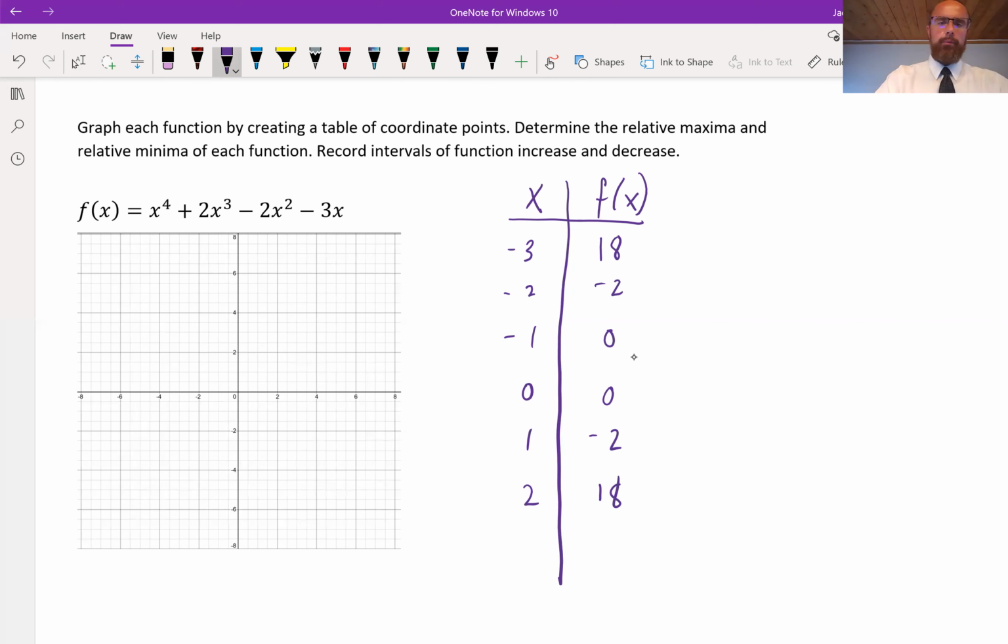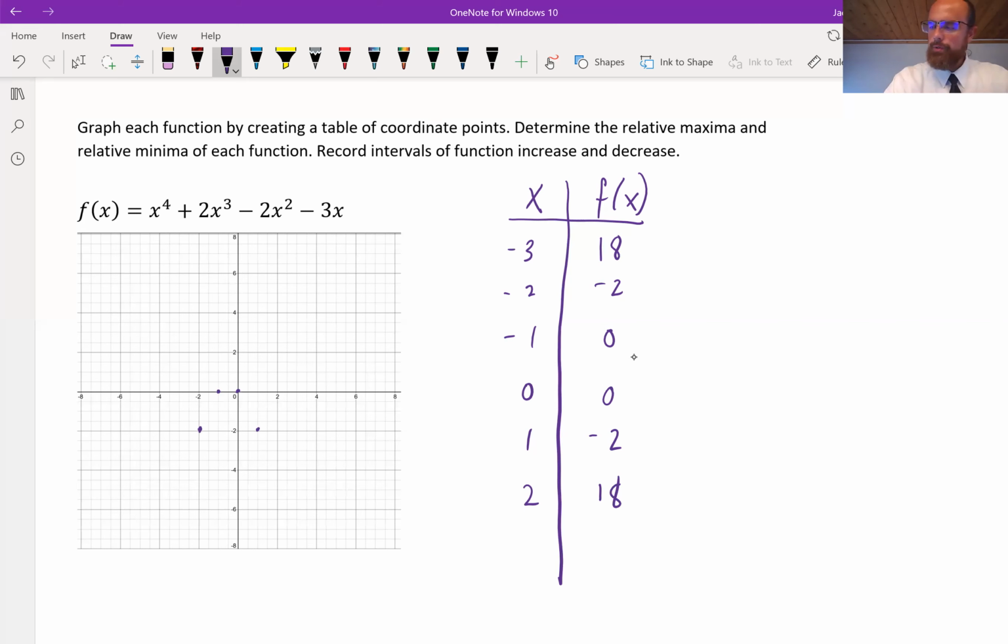So let's graph what we've got here. So -3, 18 is way up in the sky. So I'm not going to graph that one. I got it represented on my table. But at -2, we're at -2. At -1, we're at 0. 0 is at 0. 1 is at -2.